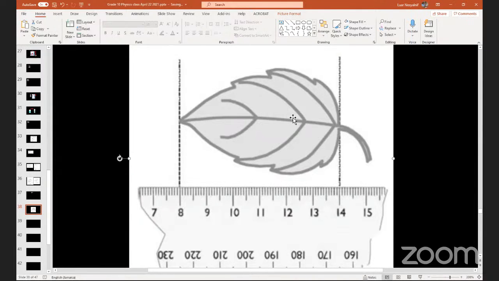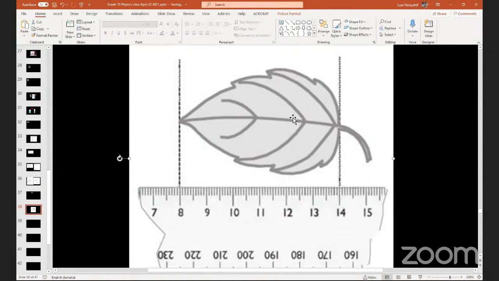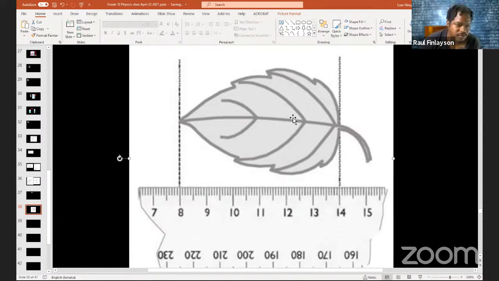Sir, it's broken. Good. Can we still get the length of the leaf from it? Can we still use it to measure the length of a leaf? Yes, sir. Good. All right. So let me ask the obvious question. What is the length of the leaf then that is seen in the diagram?